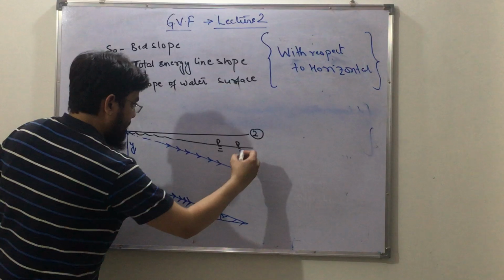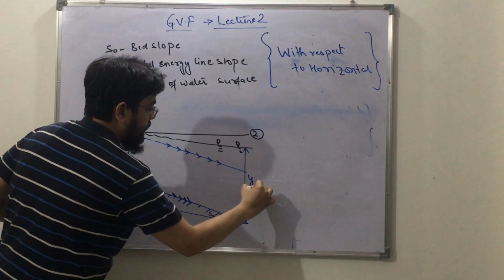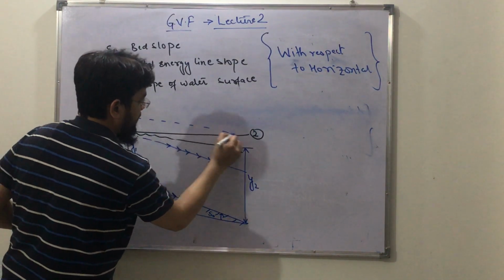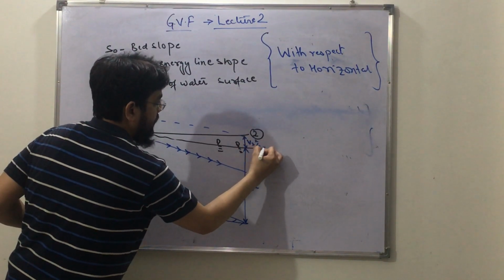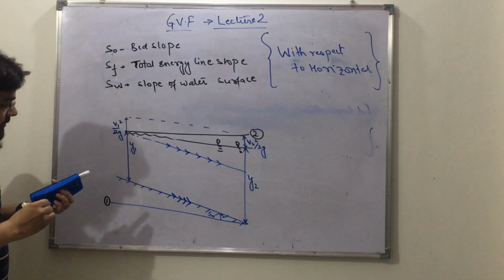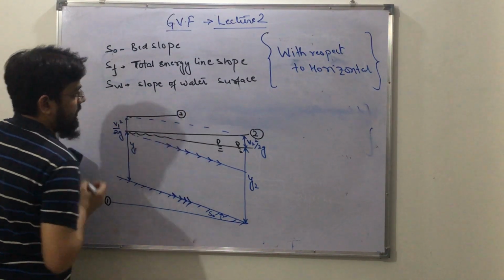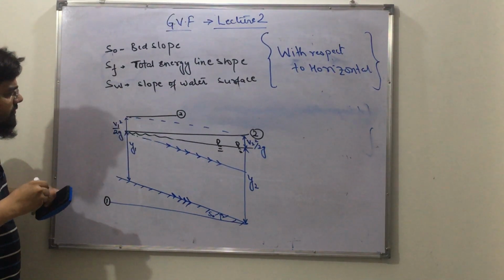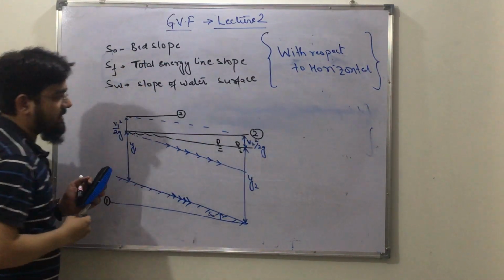Also we have this water surface line, so this is Y2, and we have the energy line, say V2 square upon 2g. So I draw another third horizontal line, say this is 3. All these 1, 2 and 3 are horizontal lines. So S0, SF and SW are measured with respect to horizontal line.